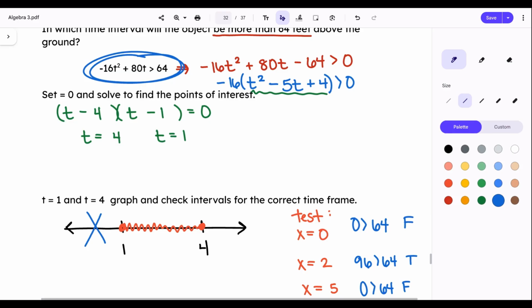That's still false, so I do not want to include this. Now we're talking about in between these numbers. My inequality was more than. It didn't say equal to 64, so I would have parentheses here. And so if I was going to write this in interval notation, I would write parenthesis 1, comma 4. So anything in between the range of 1 and 4 would be acceptable.